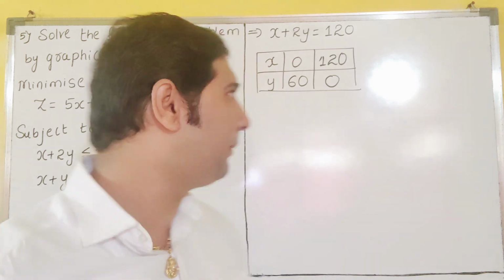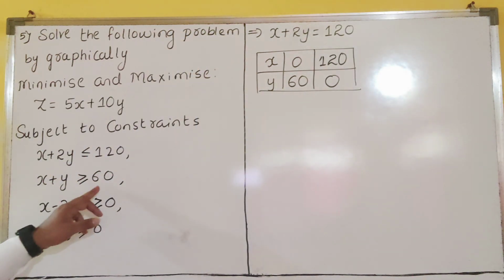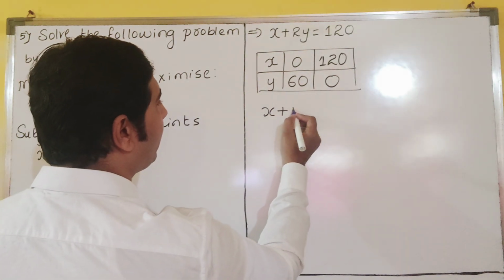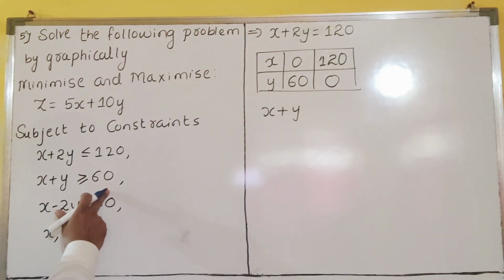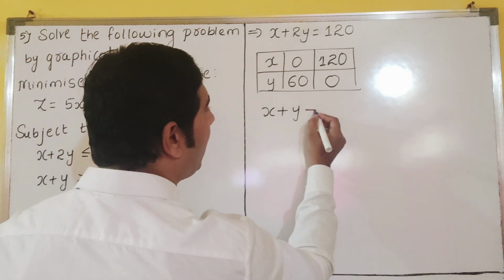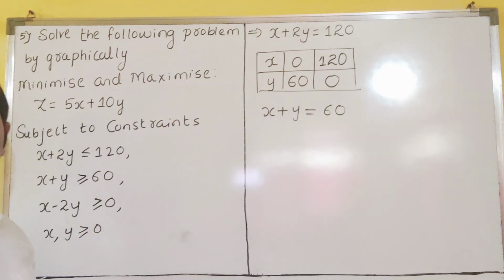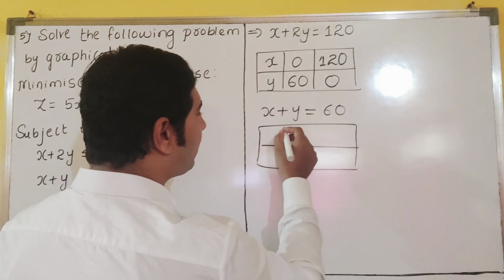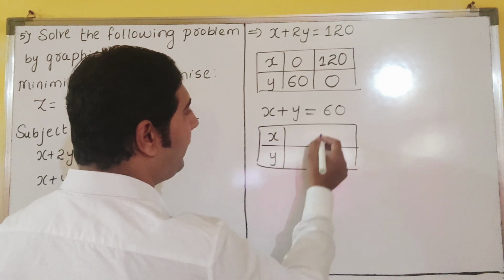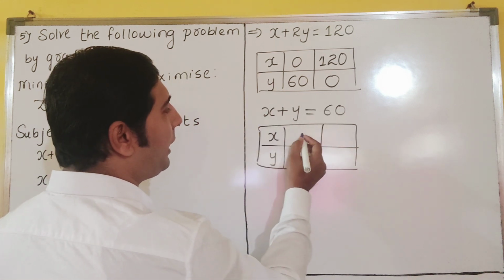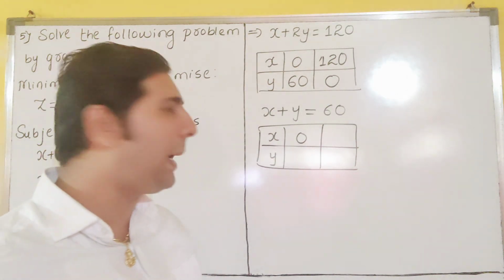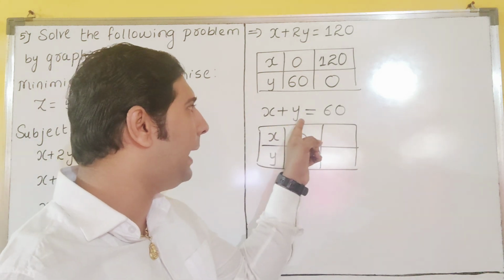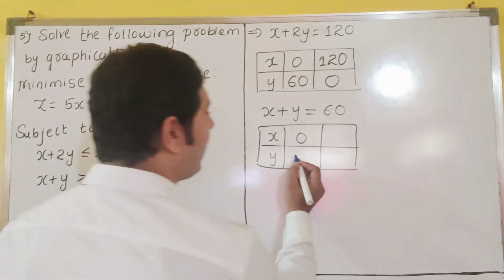So now see here, x + y = 60, we can make it equal to 60. Next, this is also greater than or equal to 60, so you equate it. Equating means we made it equal to 60. So now see, dear students, how we will get the points. x, y: keep the x value as 0. If I keep x as 0, 0 + y, y is equal to how much? 60 we got, dear students.